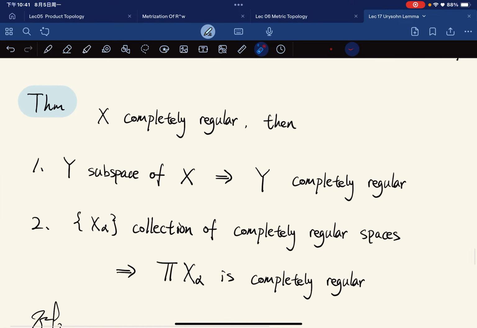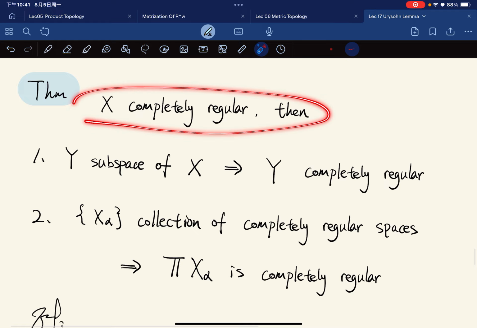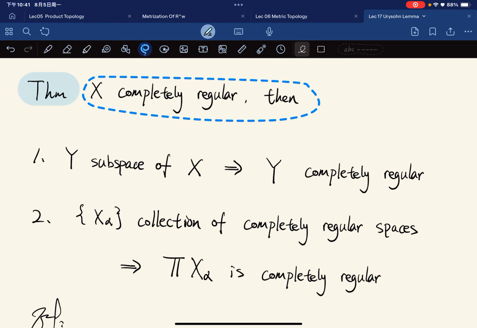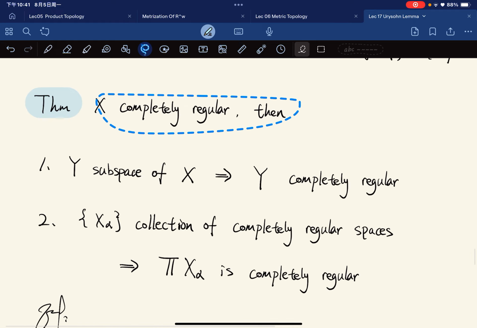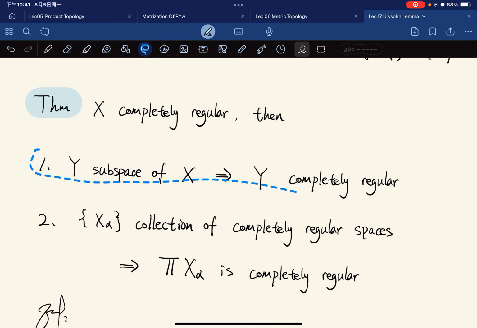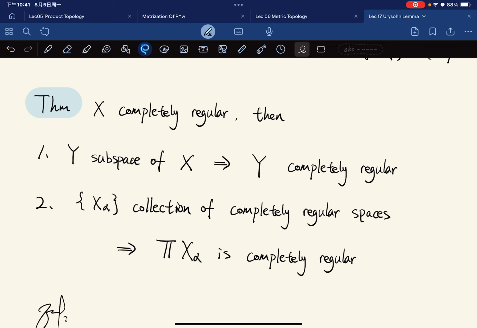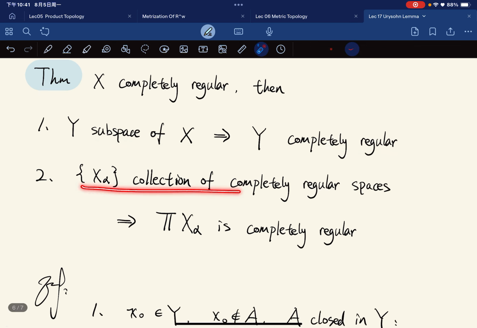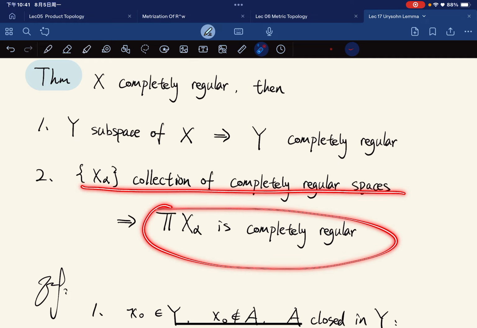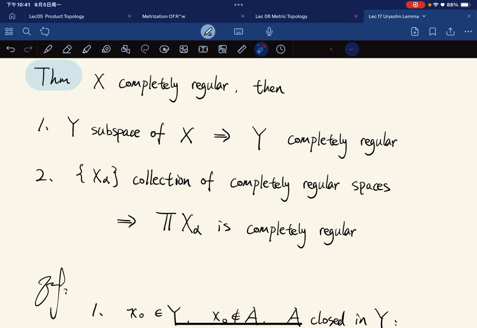And the theorem: completely regular behaves well with subspaces and products. Any subspace of a completely regular space is completely regular, and a product of completely regular spaces, with the product topology, is also a completely regular space.